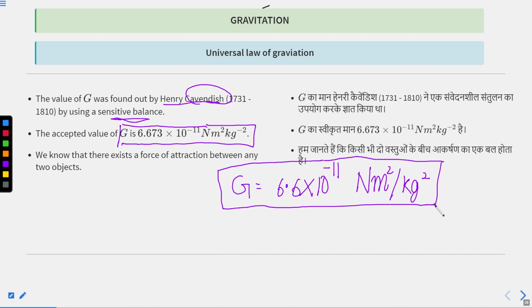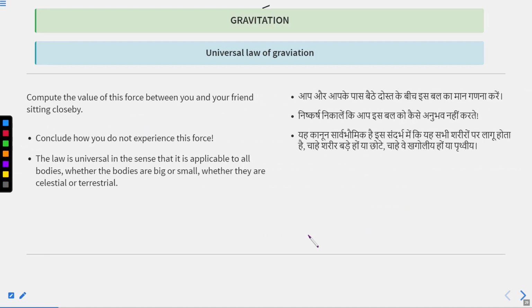We know that there exists a force of attraction between two objects. Compute the value of this force between you and your friend sitting close by.